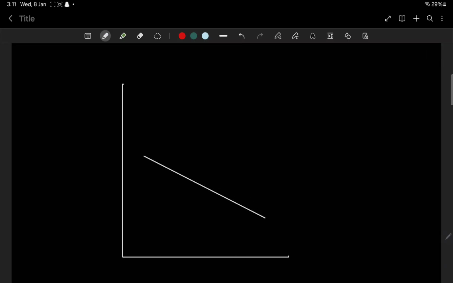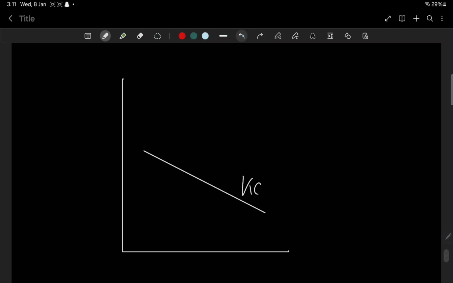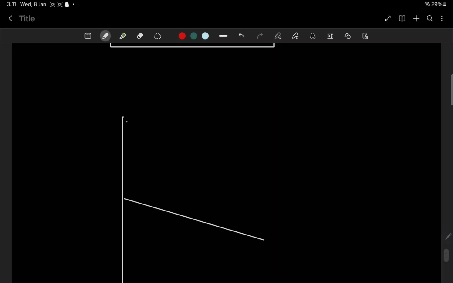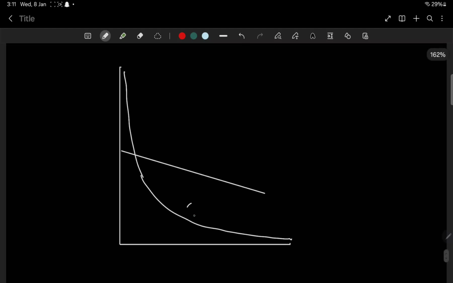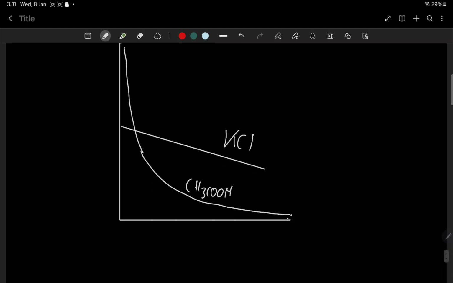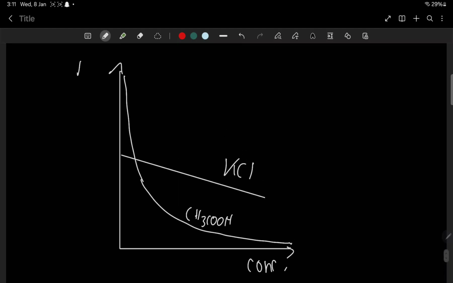I'm drawing KCl and CH3COOH. This axis is concentration, and this is molar conductivity.